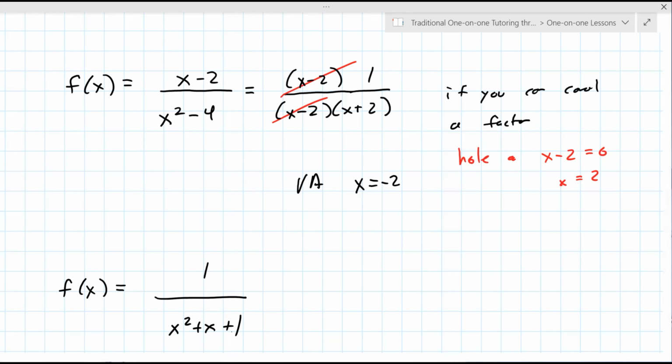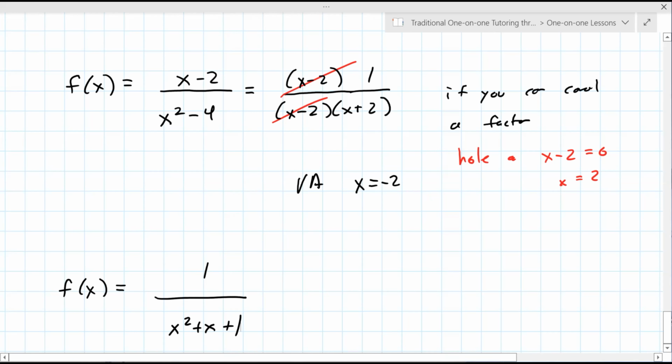You might look at it and try to make it work, and it can be a little tricky. You've got to be very careful here. So vertical asymptotes come after the holes. If you can remember that, that will be everything.